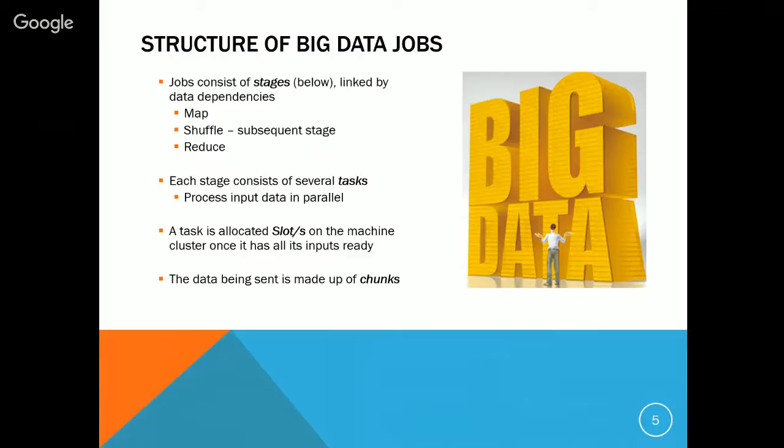Each stage consists of several tasks. The task's definition is to process input data in parallel. A task is allocated slots of the machine, the physical machine in the cluster, once it has all its inputs ready. The actual data chunk being sent is made up of smaller chunks.